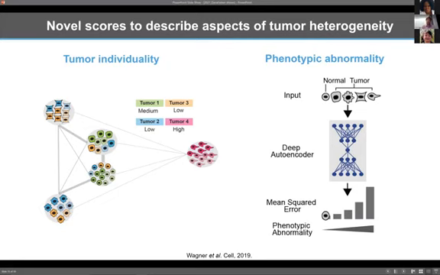And then the autoencoder can provide us what is called an error, which basically says how different is the cell from the normal epithelial cells with which we trained the autoencoder. And this ultimately, thinking about the markers that we measured, simply means how different is the combination and abundance of the markers on an individual cell. And this then we call the phenotypic abnormality.